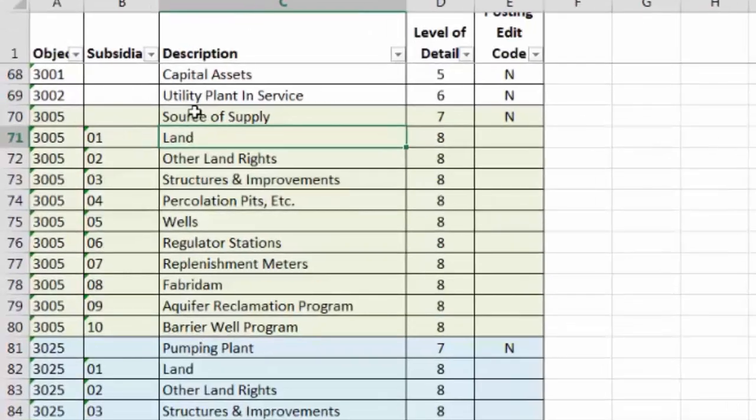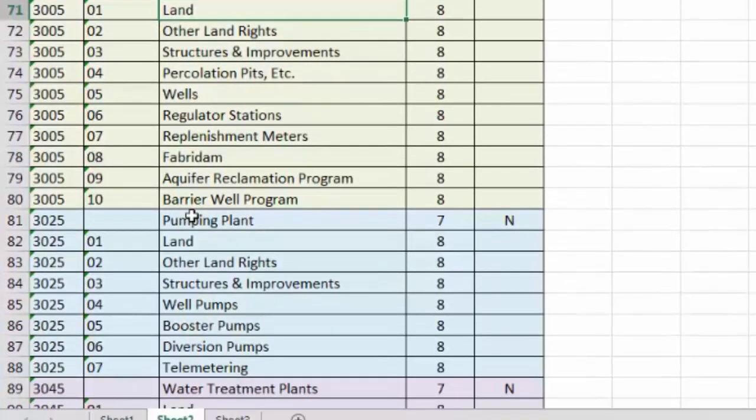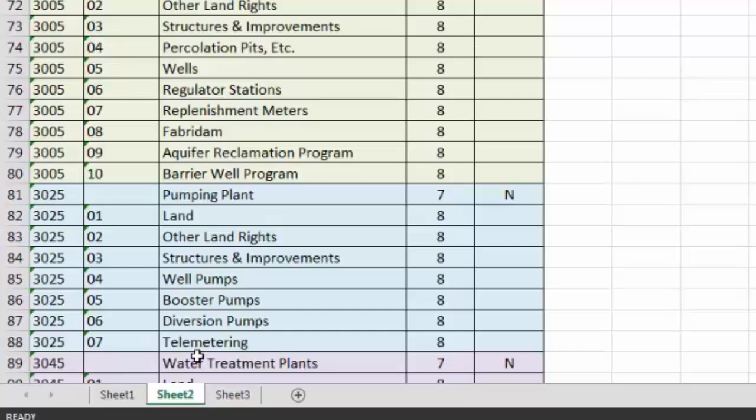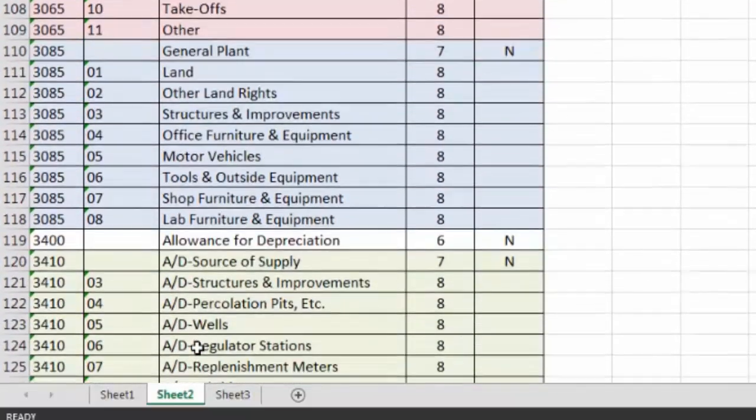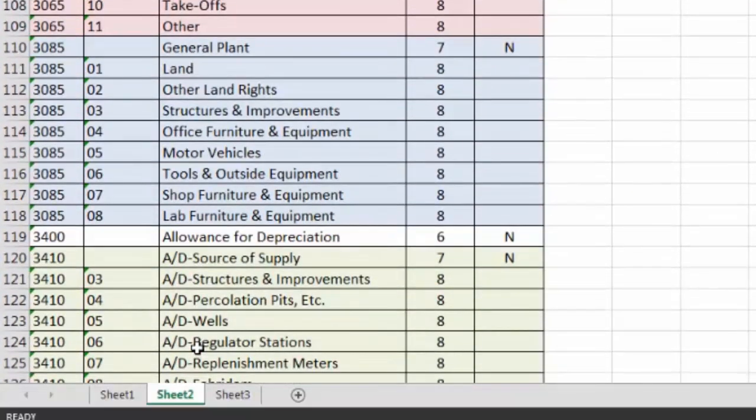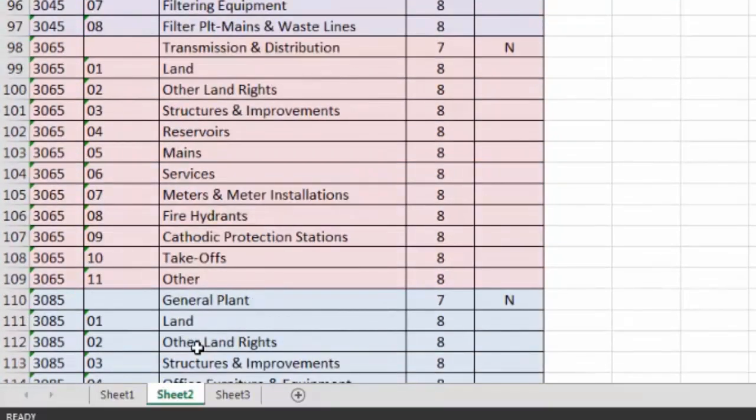Source of supply, pumping, water treatment, transmission and distribution, customer service, and maintenance and general plant are the 6 major groupings that this chart of accounts is divided into. These are integral divisions for the water district.